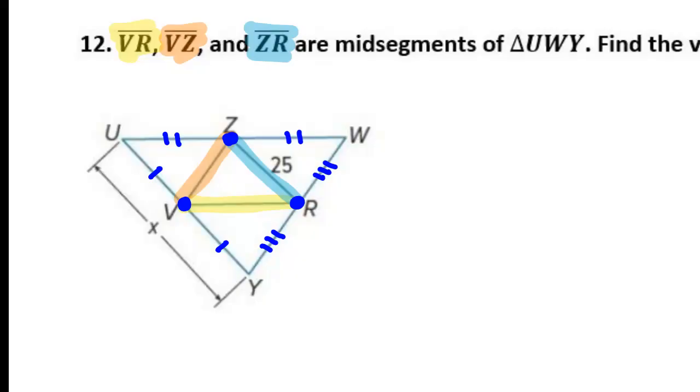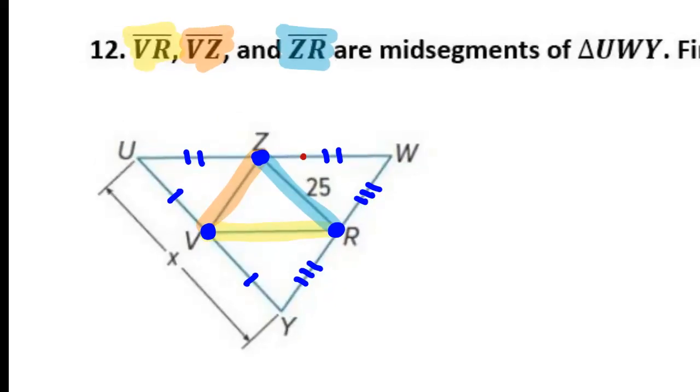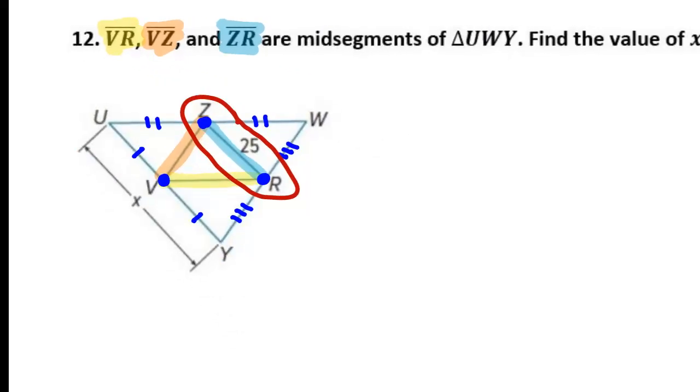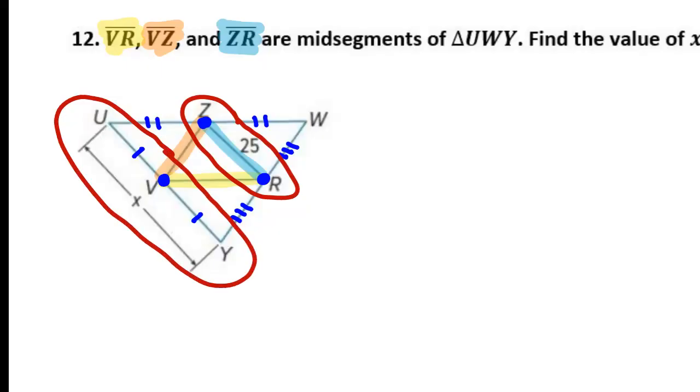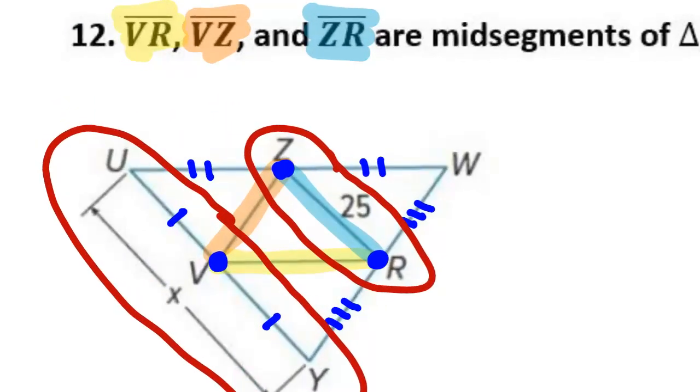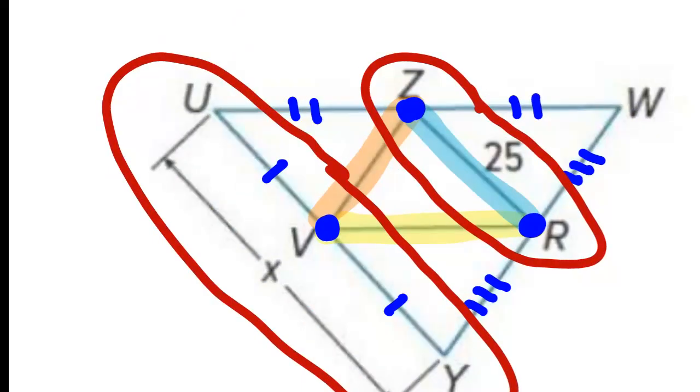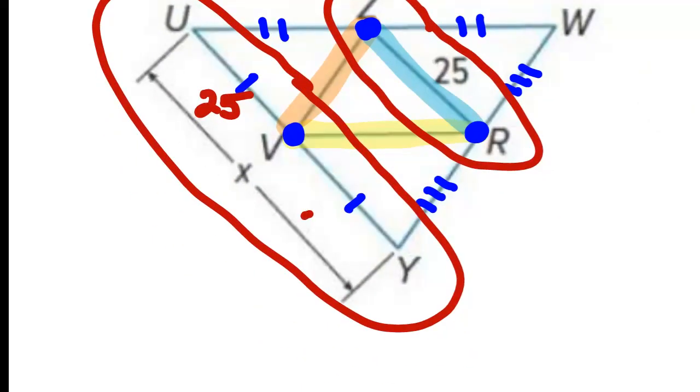When we talked about mid-segments of triangles, one of the properties that we discussed is that if I have the mid-segment of a triangle and the side of the triangle that is parallel to that mid-segment, the side of the triangle is twice as big as the mid-segment. So that means UV would be 25 and VY would also be 25.